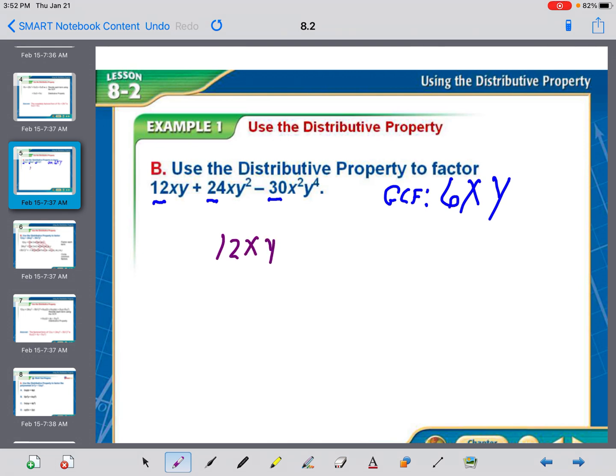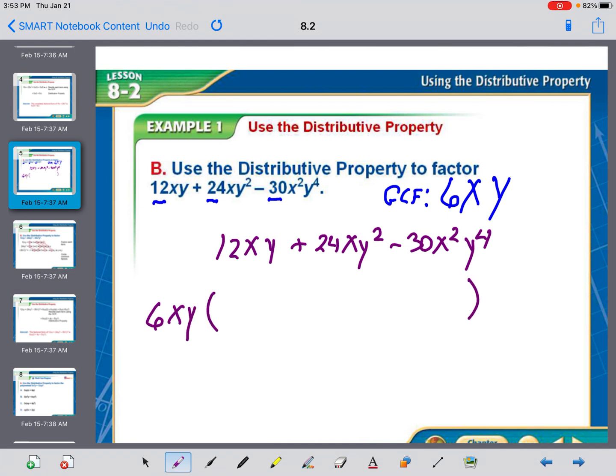So I'm just going to copy the problem. And I'm going to take out the GCF.